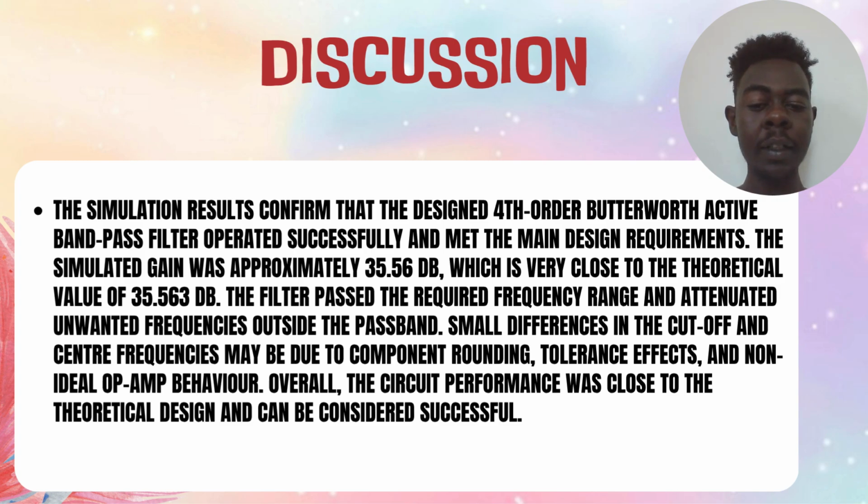The filter passed the required frequency range and rejected frequencies outside the pass band. A small difference in the cut-off and center frequency may be due to component rounding, tolerance effect and non-ideal operational amplifier behavior. Overall, the circuit performance was close to the theoretical design and can be considered successful.